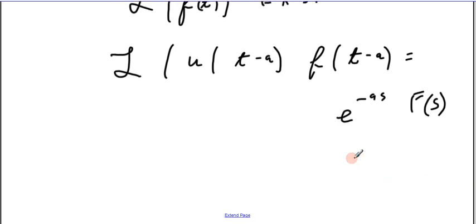Now, in order for this to work, a has to be greater than or equal to 0. It doesn't work if a is negative. And the Laplace transform has to exist.